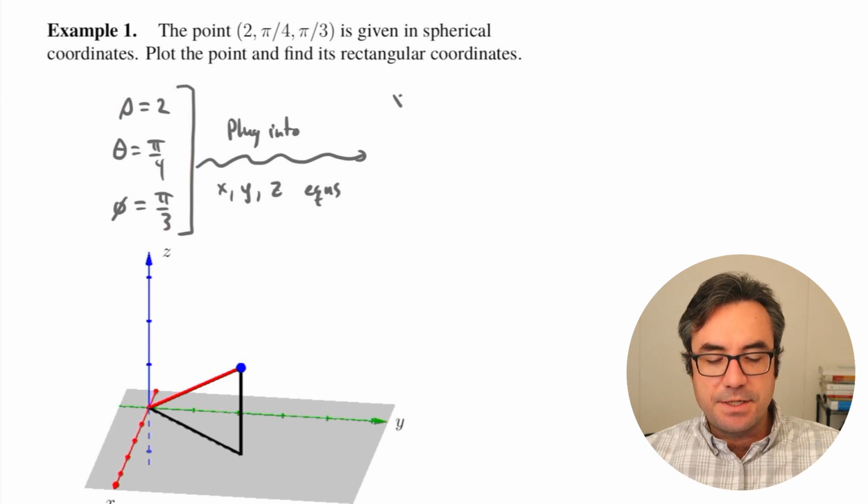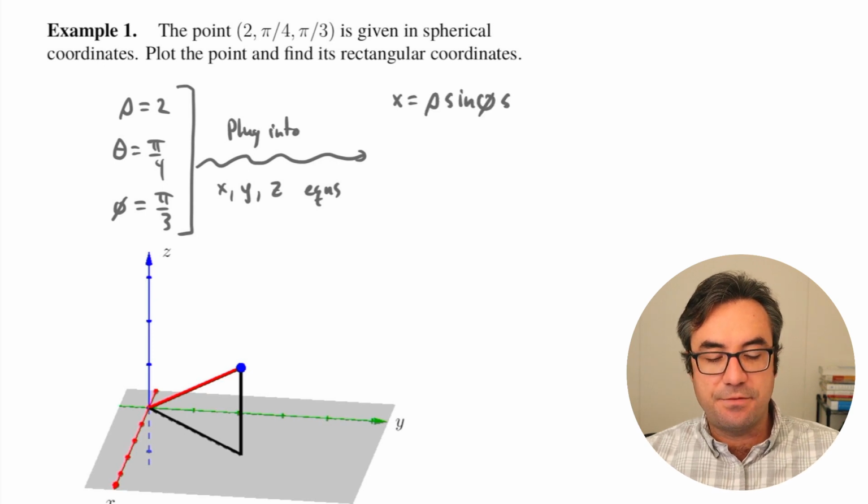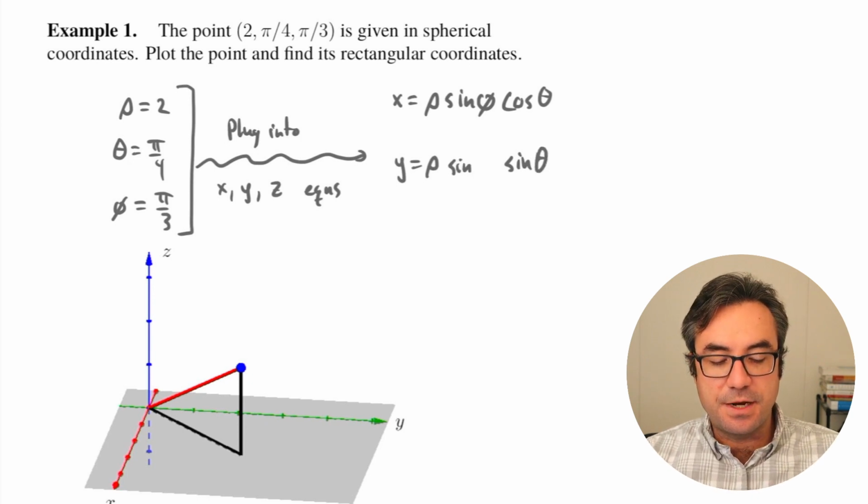All right, so what is x? X is rho times sine of phi times cosine of theta. What was y? Y is rho sine theta, so our usual polar coordinates, but then we throw sine of phi there in the middle. And then z is rho cosine phi.